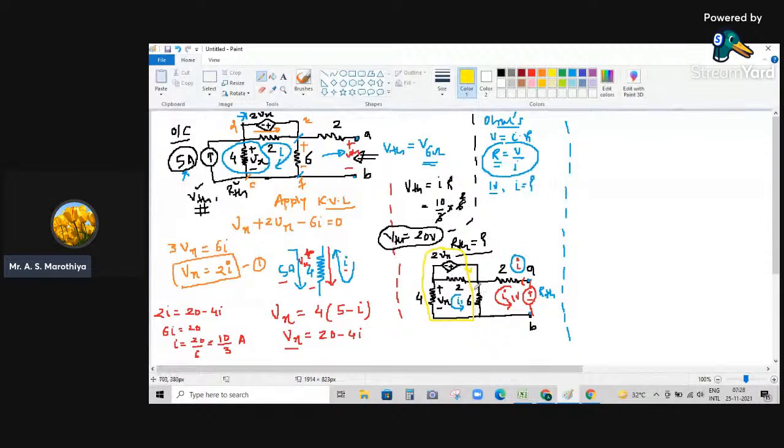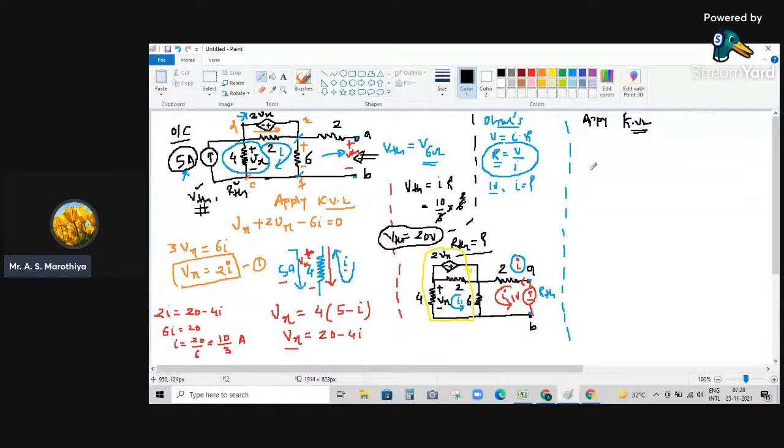So when we are moving through this 6 ohm resistor in the clockwise direction, that means we are moving from the upper portion to the lower portion.